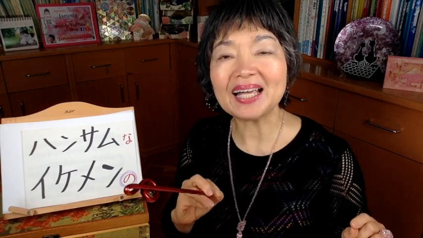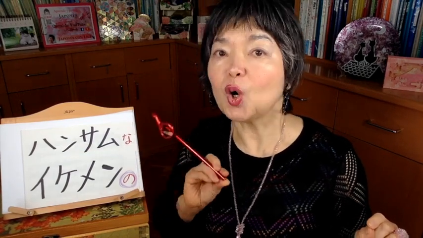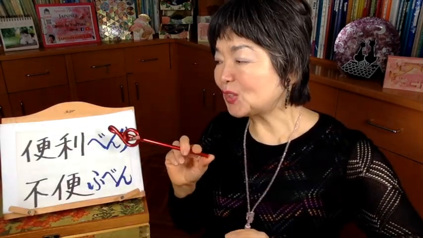For example, カイ君はハンサムです. カイ is handsome. Or I can say カイ君はハンサムな男の子です. カイ君 is a handsome boy. These two な adjectives we use very, very often.